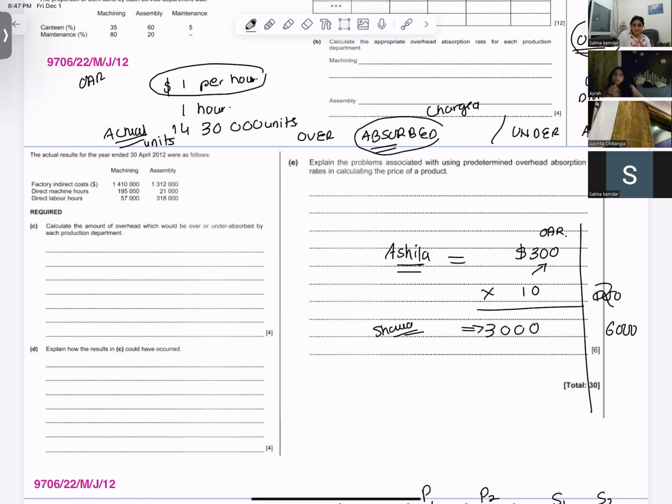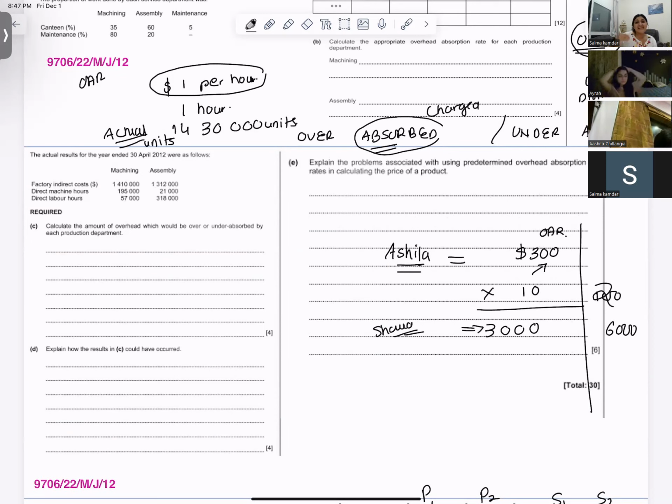I have given her a rate per hour. So I thought that I would recover 3,000 based on my estimates.